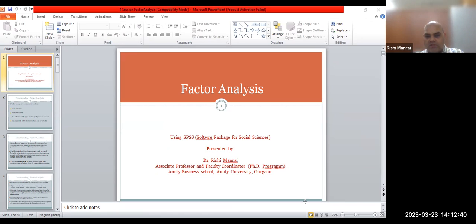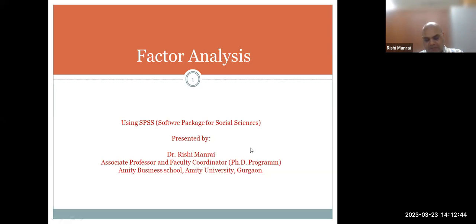Before we start with the details, I would like to discuss a few basic aspects of the concept of factor analysis, something related to the basic concepts of research methodology, and why the requirement of this factor analysis came into being. Can anybody tell me what is the meaning of the term factor analysis?